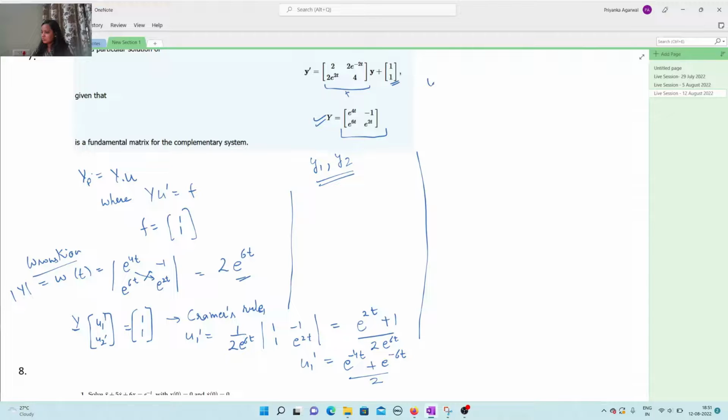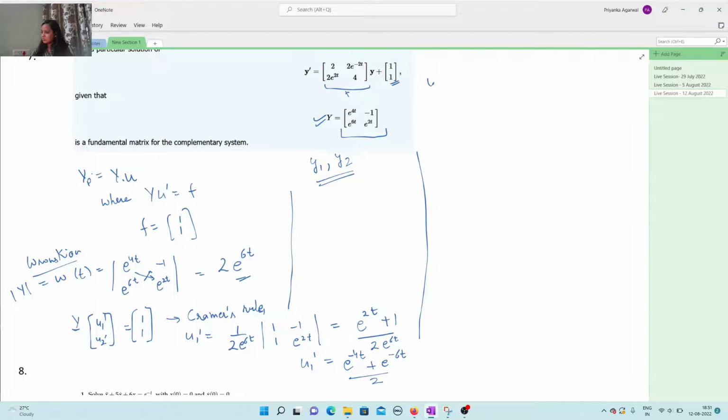So now we have u1 and u2. So we can now write u prime as 1 by 2 times e to the power minus 4t plus e to the power minus 6t. So this is for u1 prime, and u2 prime will be e to the power minus 2t minus 1.